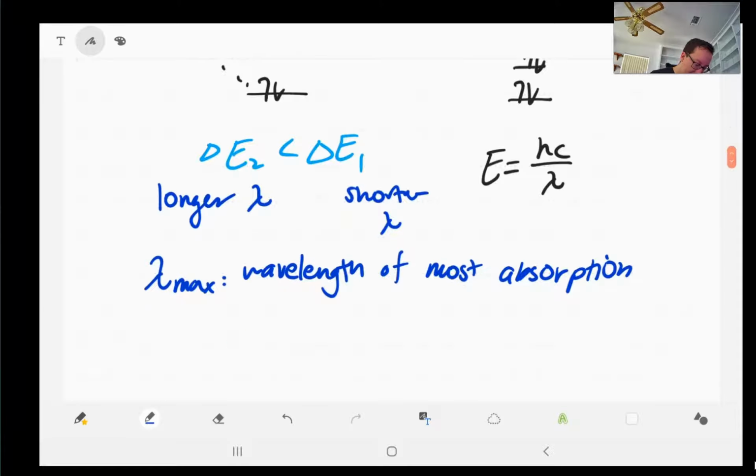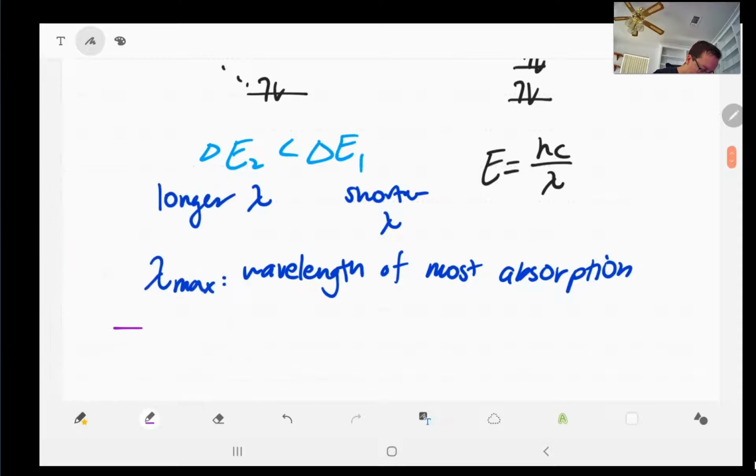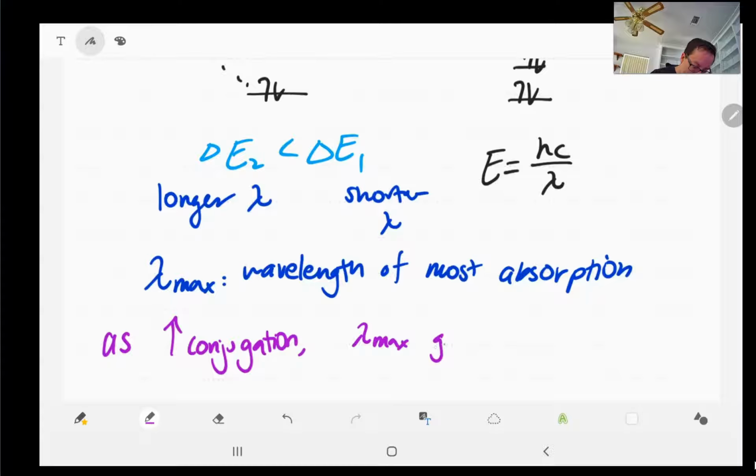And so we see that as conjugation goes up, the lambda max gets longer and can go into the visible light range, meaning it's going to be absorbing light in the visible spectrum.